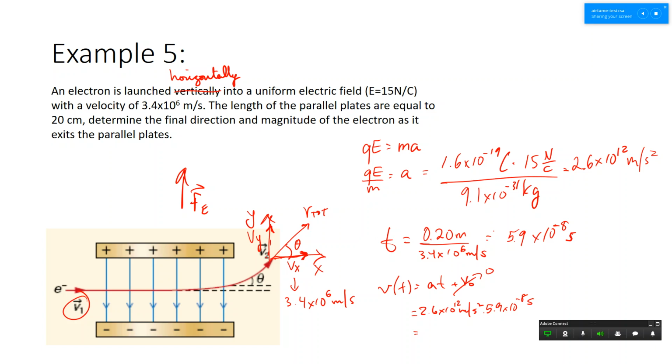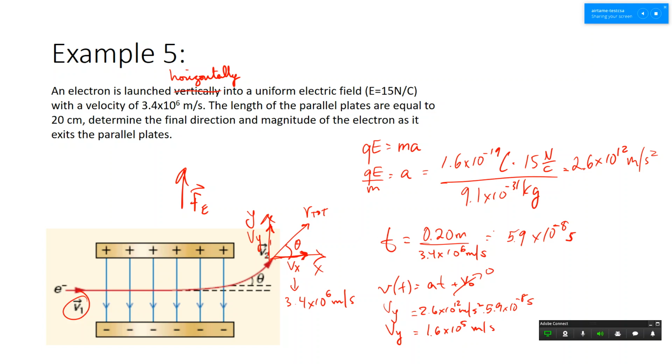Someone have an answer for this? Great. I wrote Vt, but this is actually just Vy, or the final y velocity. And that's perfect because now I have my y, I have my x.